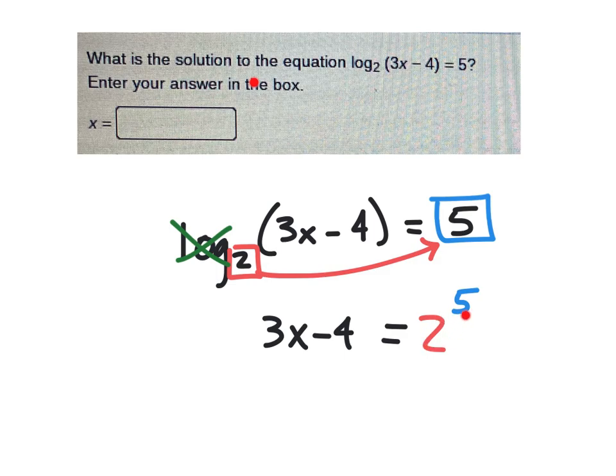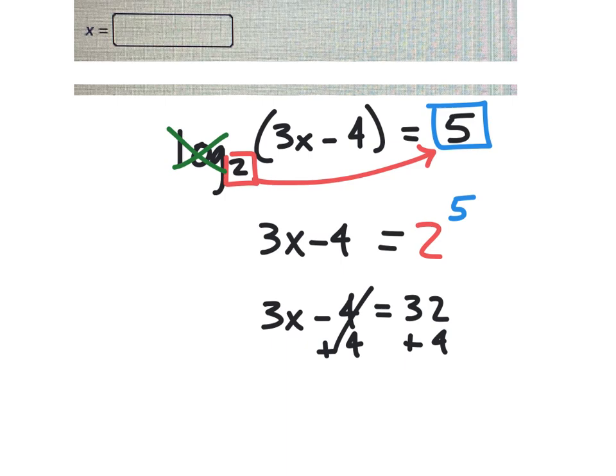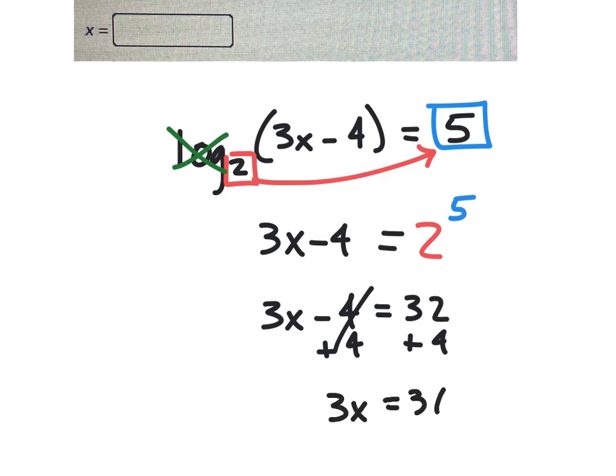Let's raise 2 to the 5th power, which gives us 32. So we've got 3x minus 4 is equal to 32. Add 4 to both sides, and you get 3x is equal to 36, divide by 3, and you get x is equal to 12.